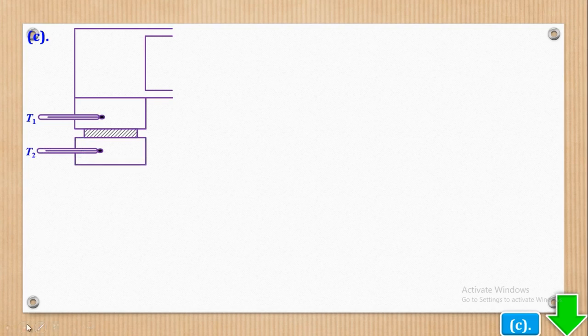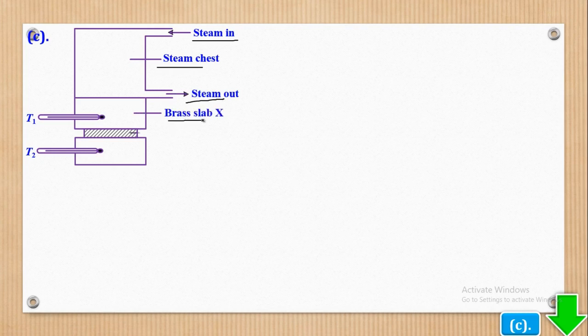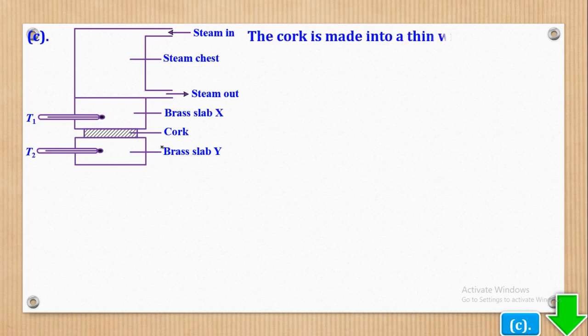So next is to label some of the parts. So this is the steam chest, and that is steam in, and this is steam out. This is brass slab X, that is the copper, and this is the brass slab Y. So now that is the diagram. Now we can start our description.